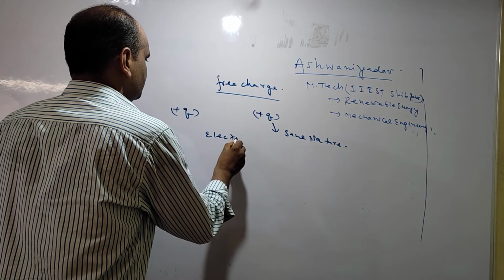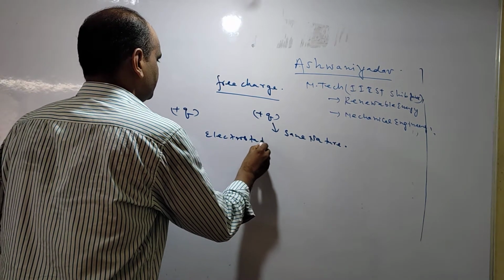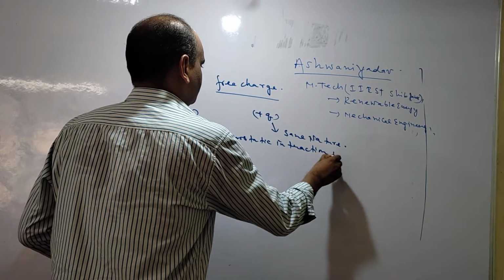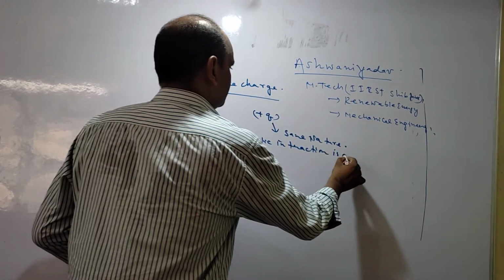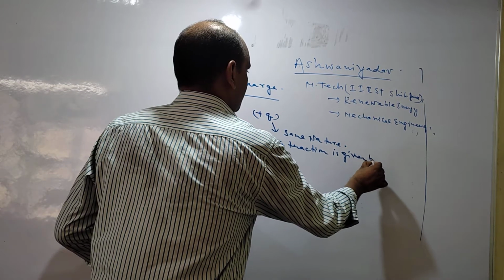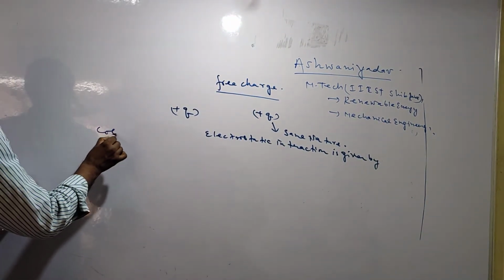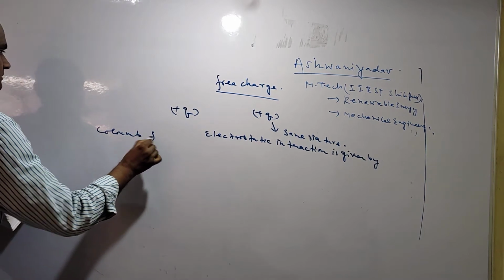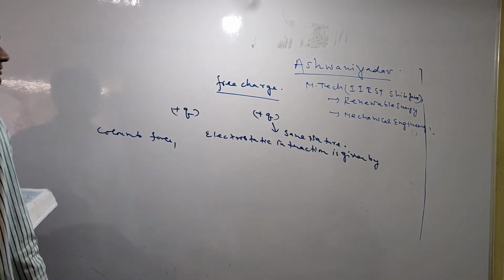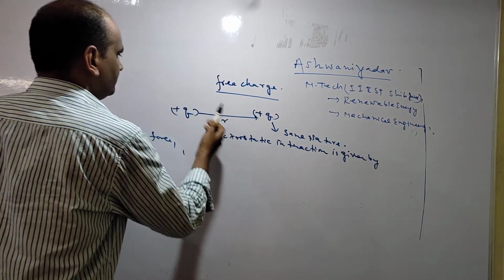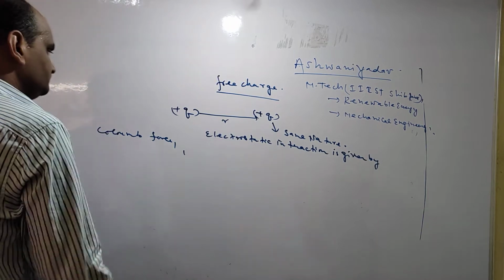The electrostatic interaction is given by the Coulomb force, and this has position vector r related to each other.